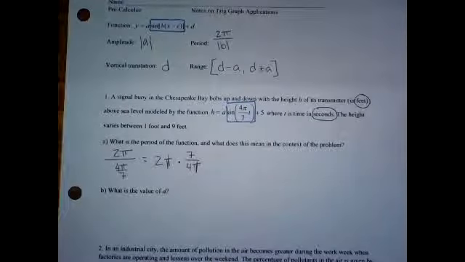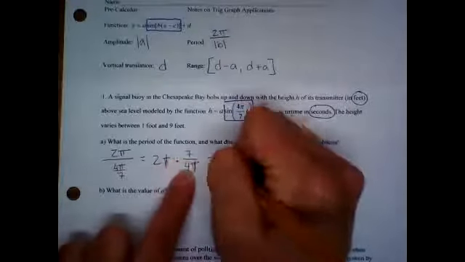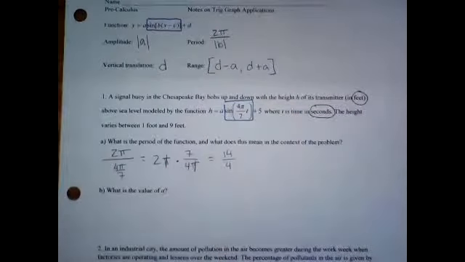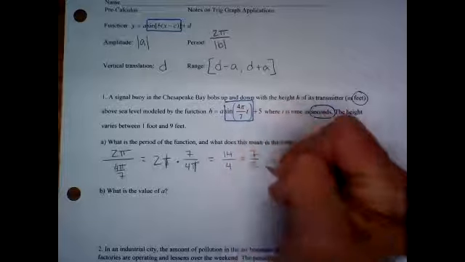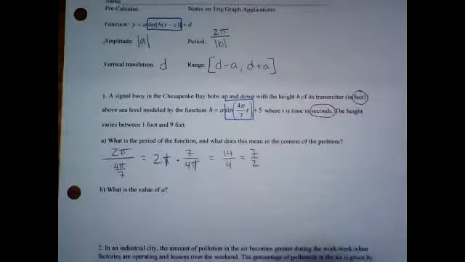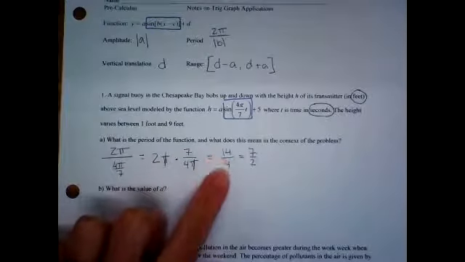So we're going to do 2 times 7, which will give us what? 14 divided by 4, and that will be what? We'll both divide by 2, so 7 halves. 2 times 7 is 14 over 4, 7 halves.